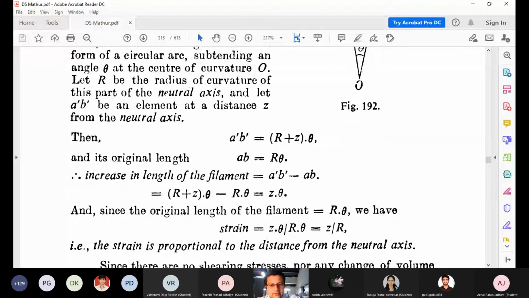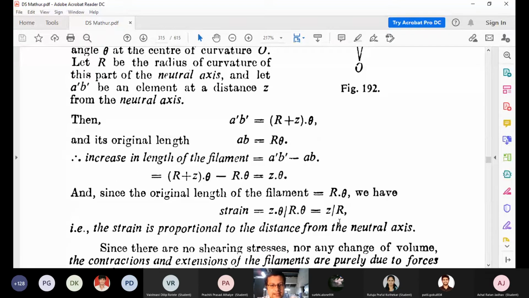And since the original length of the filament is R theta, how do we calculate the strain? Strain is nothing but the change divided by the original. So that change is Z theta, the increment in the length of the filament that you have just calculated, and the original is R into theta.